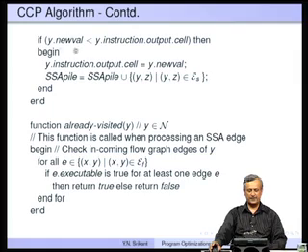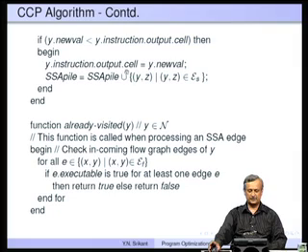Now, if the new value is less than y.instruction.output.cell, the old value, then that means the value has changed. Remember, we go from undefined to constant to not a constant, that is downwards in the lattice, that is why this less than.